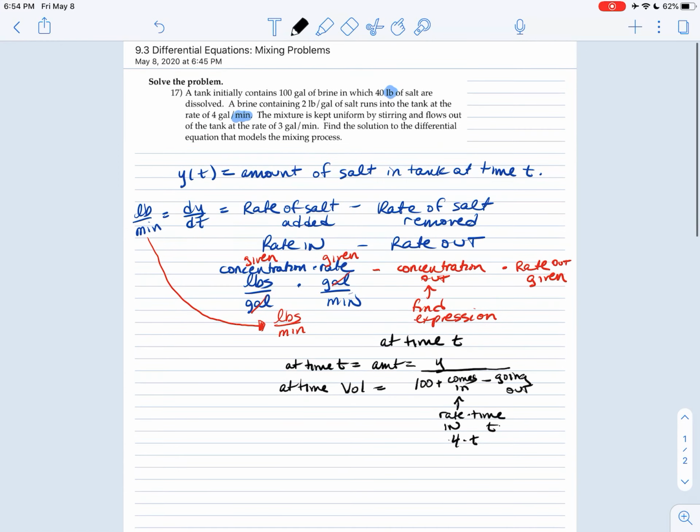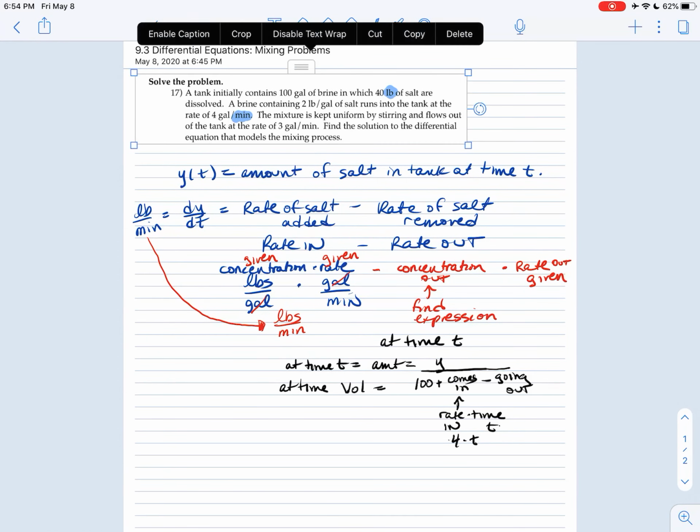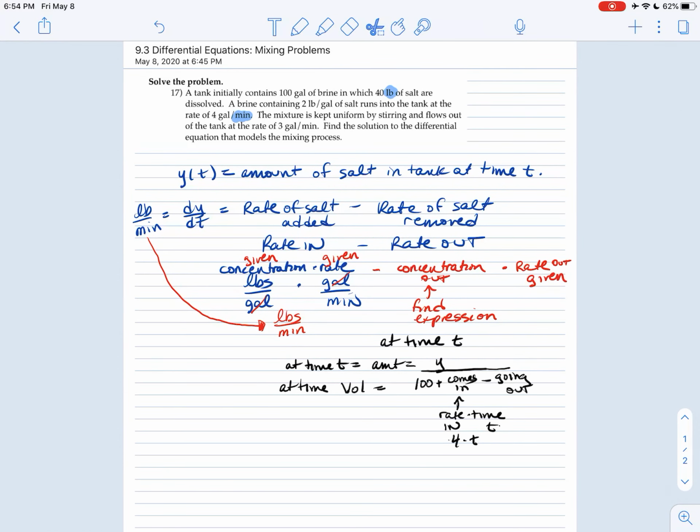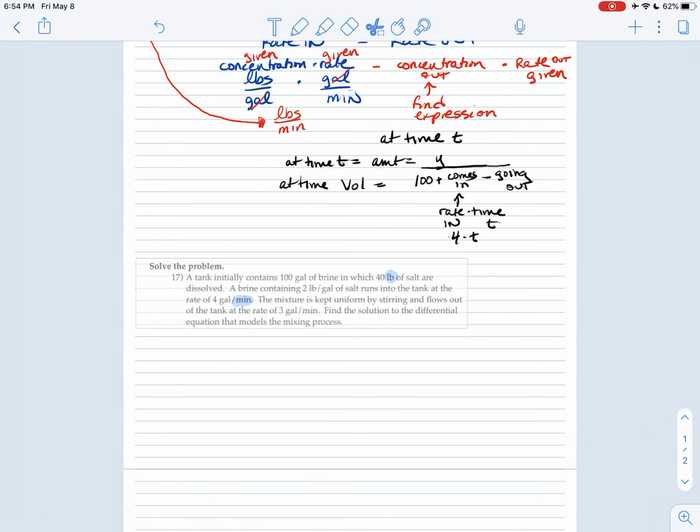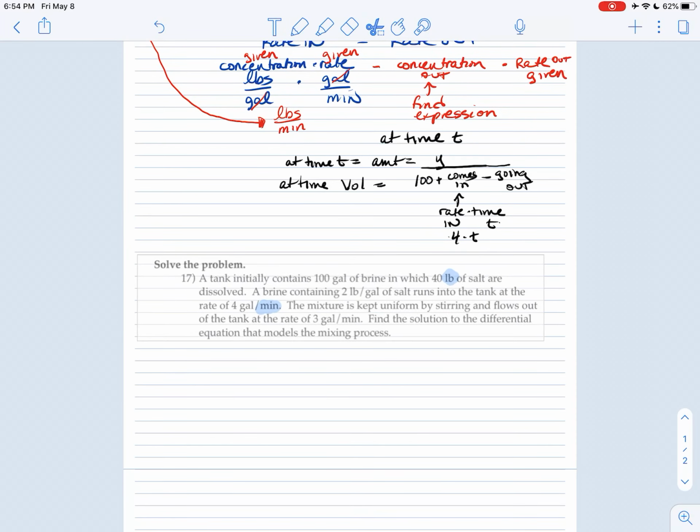So let's go ahead and do this problem, and I'm going to recopy it so that we have it set up down below.